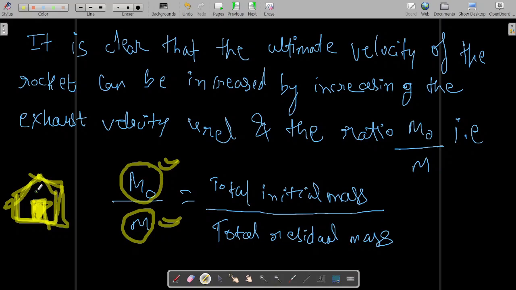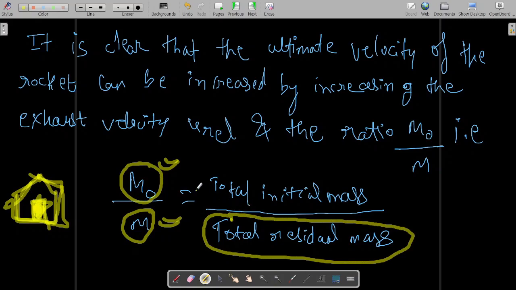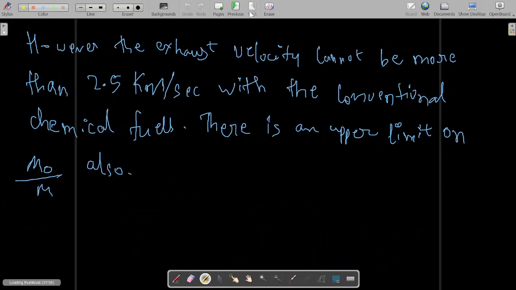So if you want to increase the mass of fuel so that your residual mass is very low, you cannot keep a very light rocket. The rocket should also have a considerable mass. As soon as the rocket has a considerable mass, the total residual mass will increase, so this ratio will decrease. So there is an upper limit on m naught over m also.